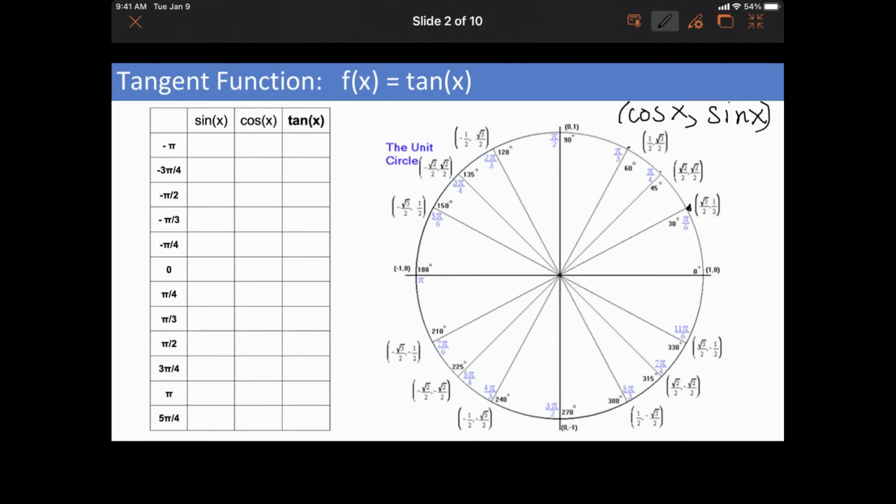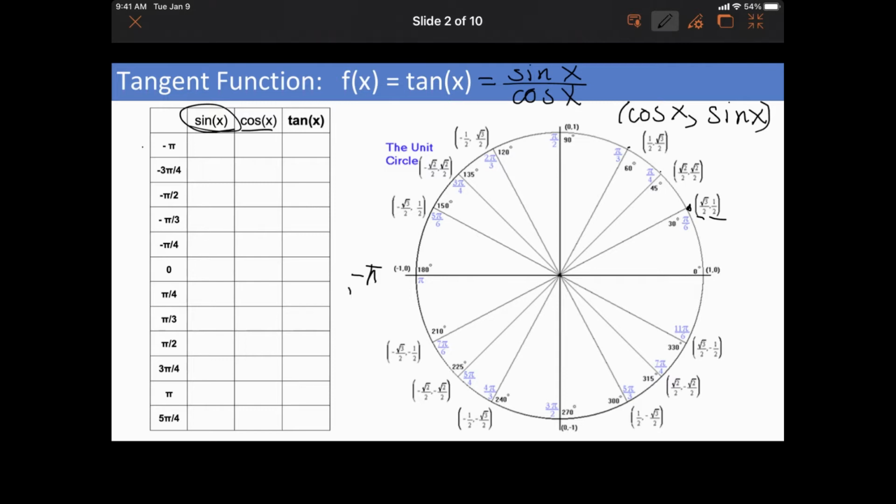Well, if you remember our quotient identity, tangent of x, or theta, equals sine x over cosine x. So if we can find the sine, which is the y value, and then the cosine, the x value, and divide them, we'll find tangent.